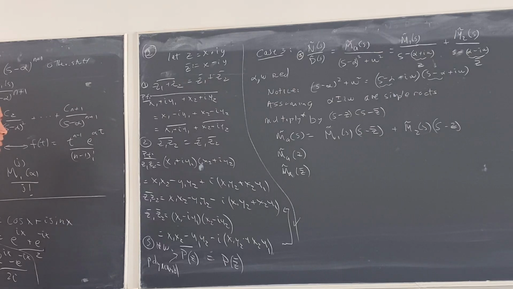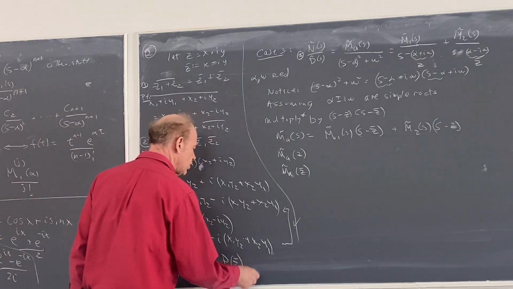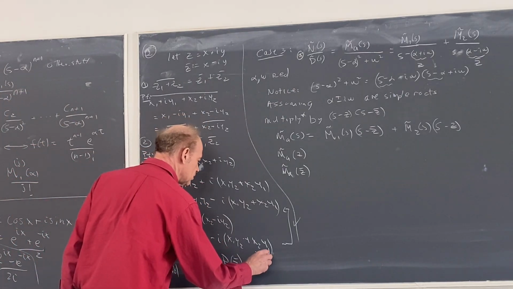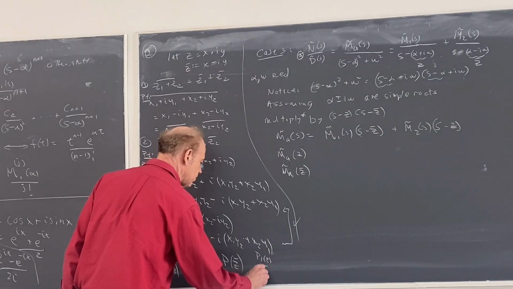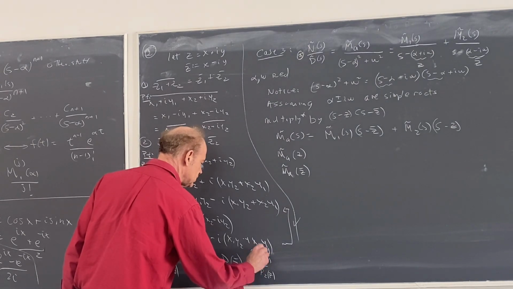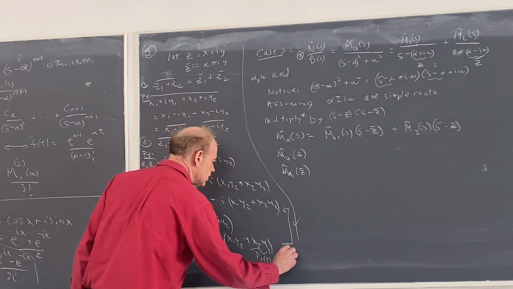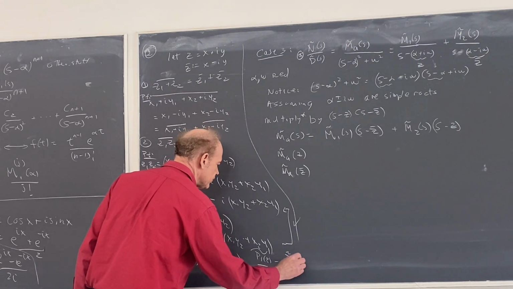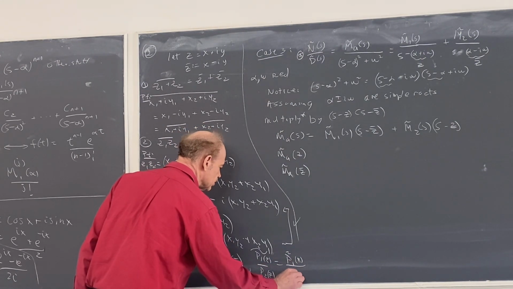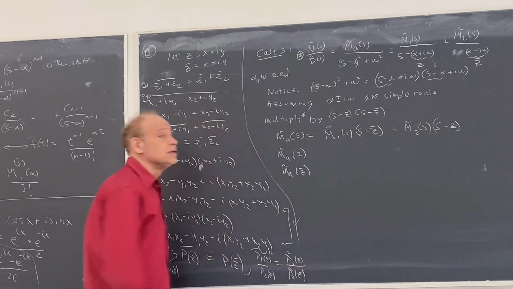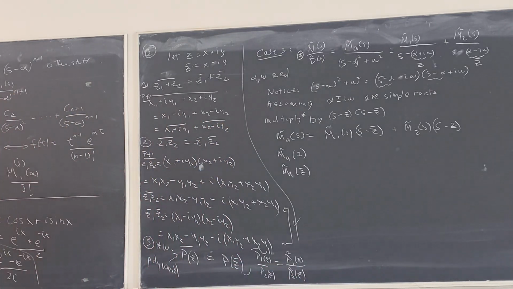By the way, I also want you to show that P1 tilde of Z over P2 tilde of Z bar is P1 tilde bar of Z over P2 tilde of Z. So I also want you to show that if I take Z1 over Z2, that follows from knowing Z1 over Z2 bar is Z1 bar over Z2 bar.